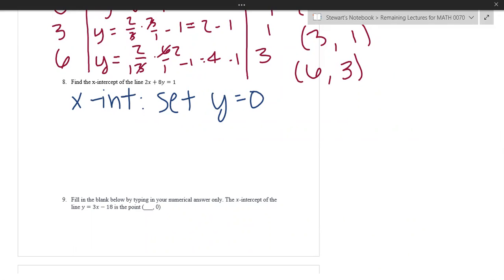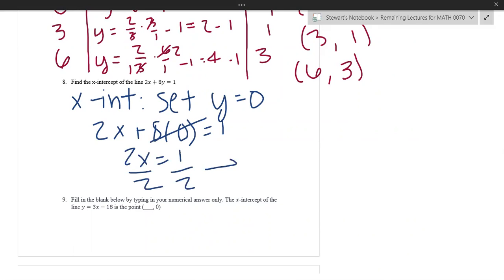So for the x-intercept, now we'd have 2x plus 8 times 0 equals 1. Well, 8 times 0 is just 0, so we have 2x equals 1. Dividing by 2 on both sides, we get x is equal to 1/2. So that means the x-intercept of this line is the point 1/2, comma 0.